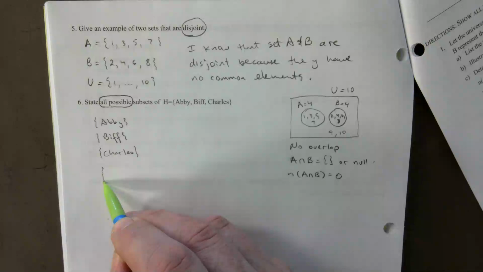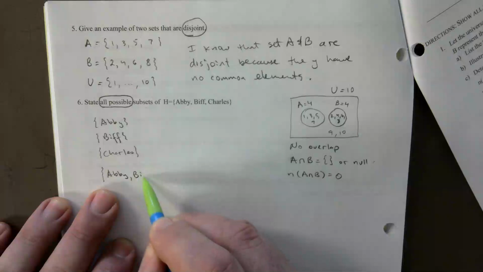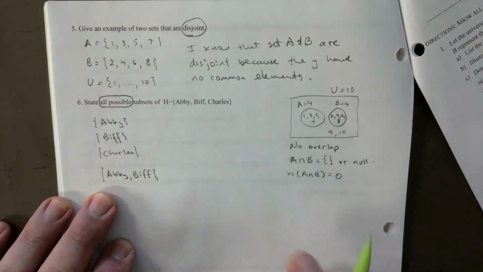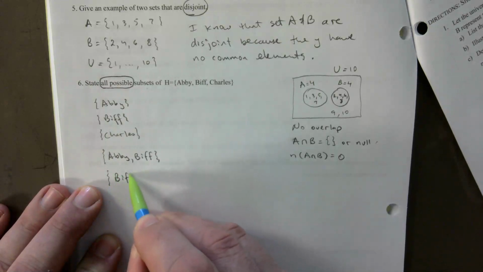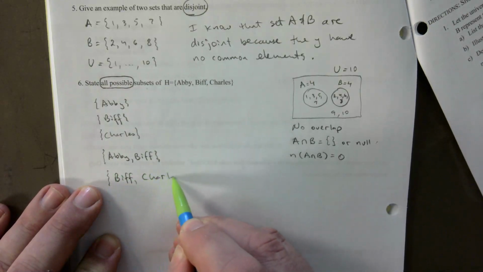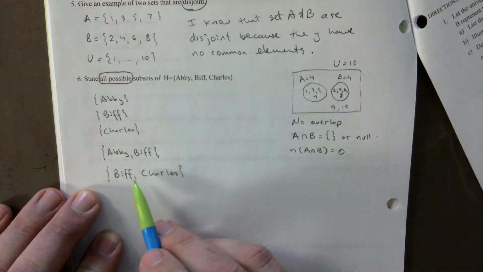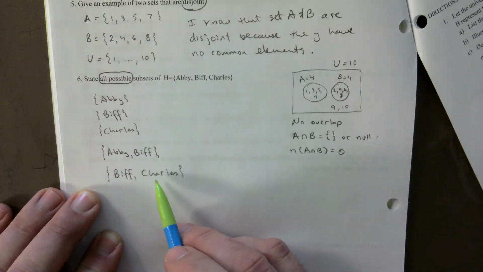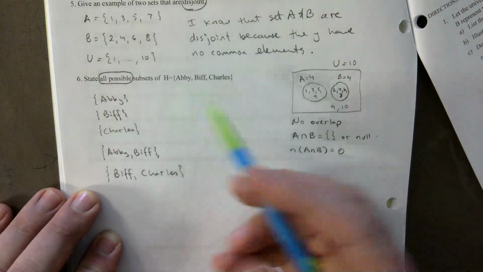Variations. You could have only Abby and Biff. And then you could do Biff and Charles. I don't think the province would have cared if you didn't have them arranged, to be honest. And I'm missing one. Abby and Charles. I don't know if you noticed that one.